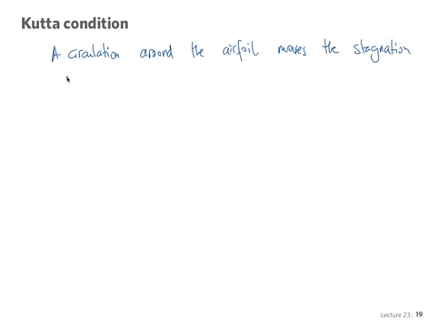The fact that we have a circulation around an airfoil such that its presence moves the stagnation point to the trailing edge. This is called the Kutta condition.